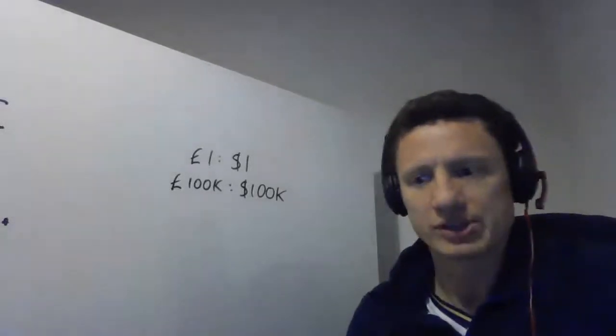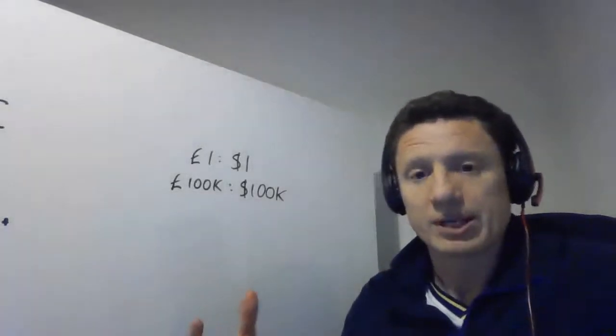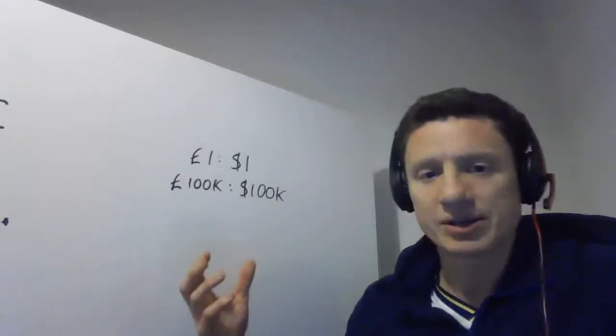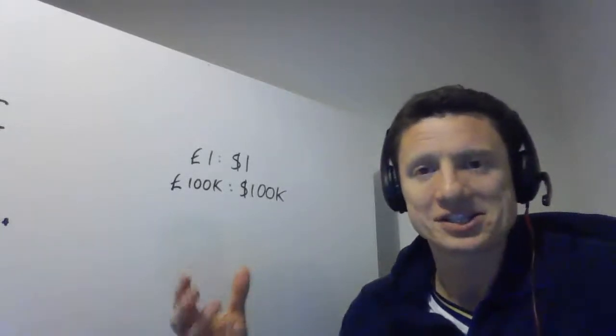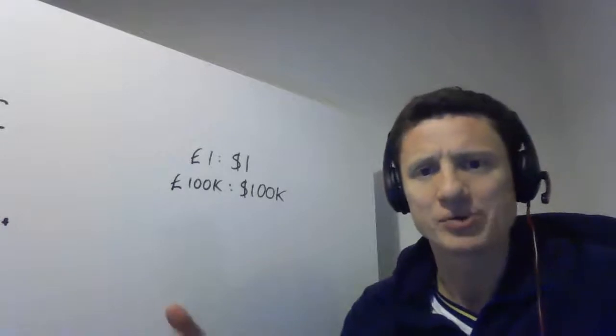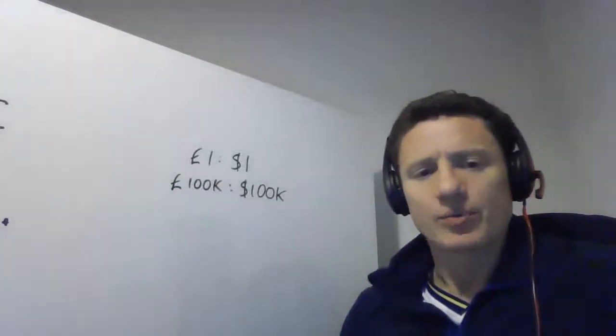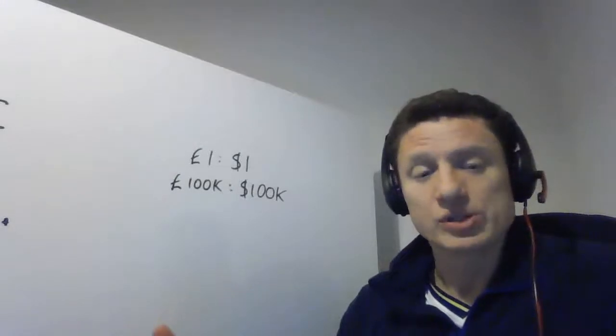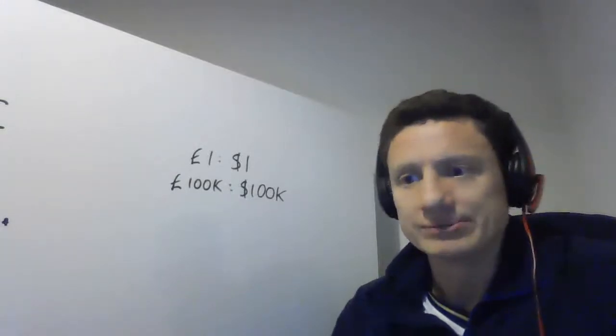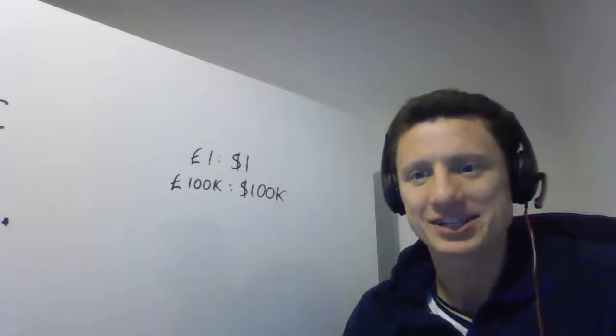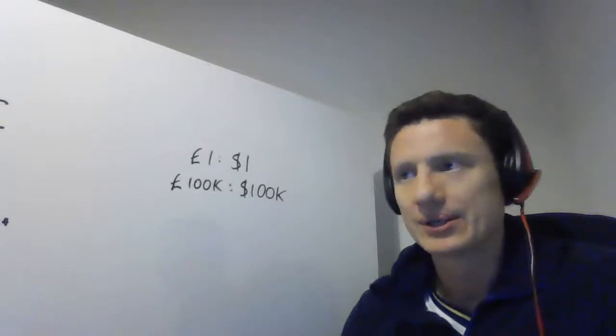How do people make money off this? Well, the way that people make money is that they have a sense, okay, and it really is just that. They have a sense, they're kind of reading about the economies of both countries, the UK and the USA, and they're kind of thinking, well, how do I think these economies are going to perform over the next few days, the next few weeks, the next few months?